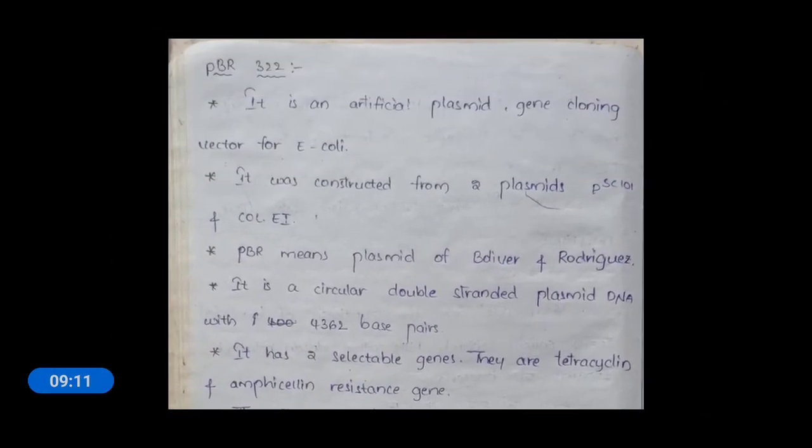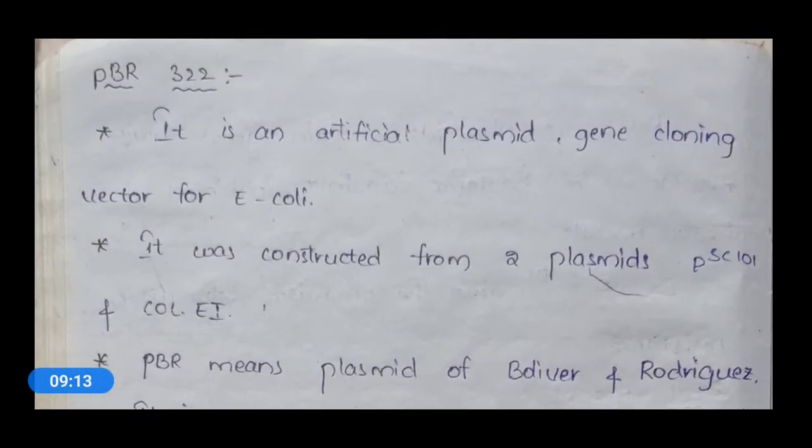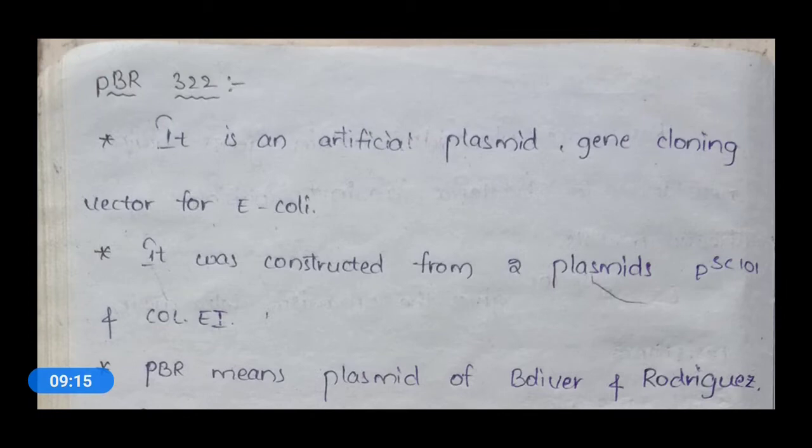Now let's see PBR322 as an example for these plasmids. It is an artificial plasmid, and this plasmid is mostly used for gene transfer in E. coli.